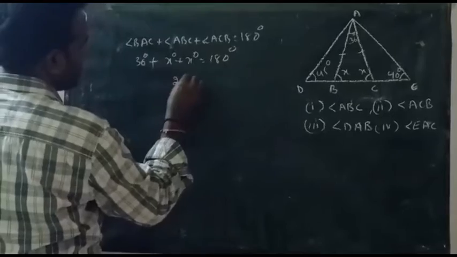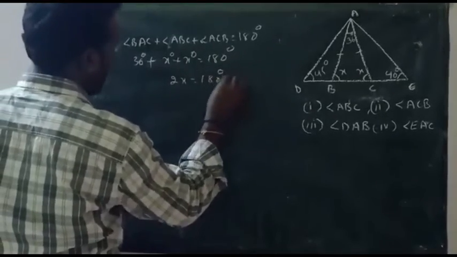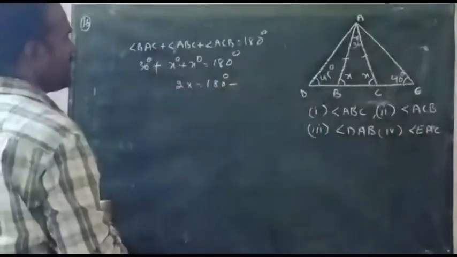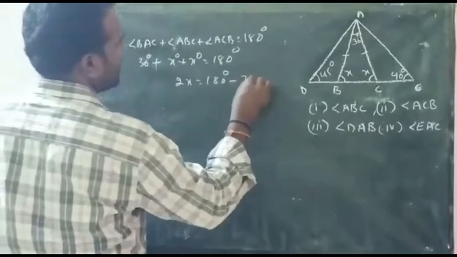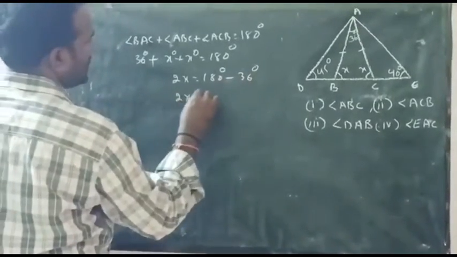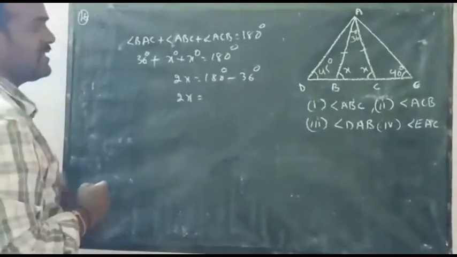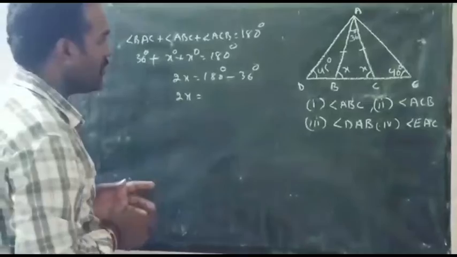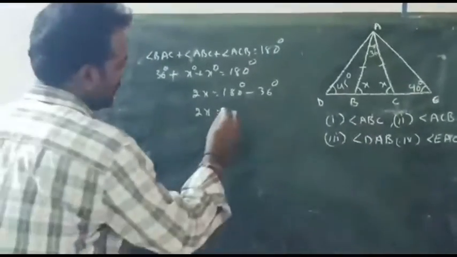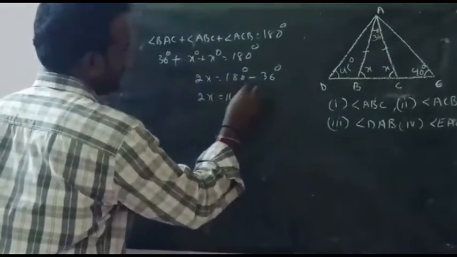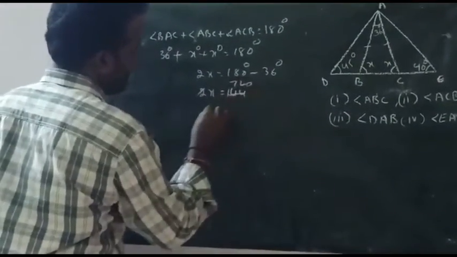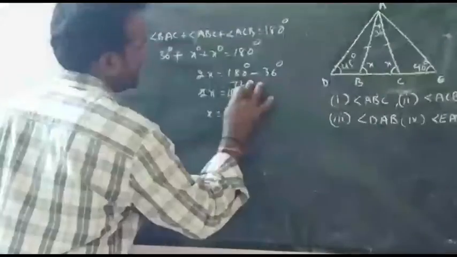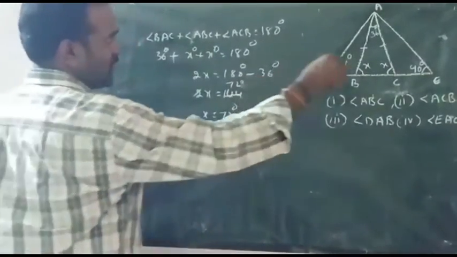So 2x is equal to 180 minus 36, that is 144 degrees. So x is equal to 72 degrees. This value is equal to 72 degrees.